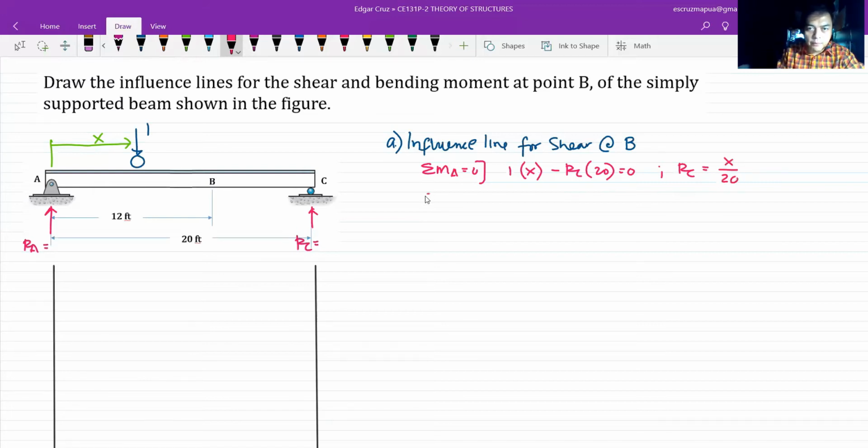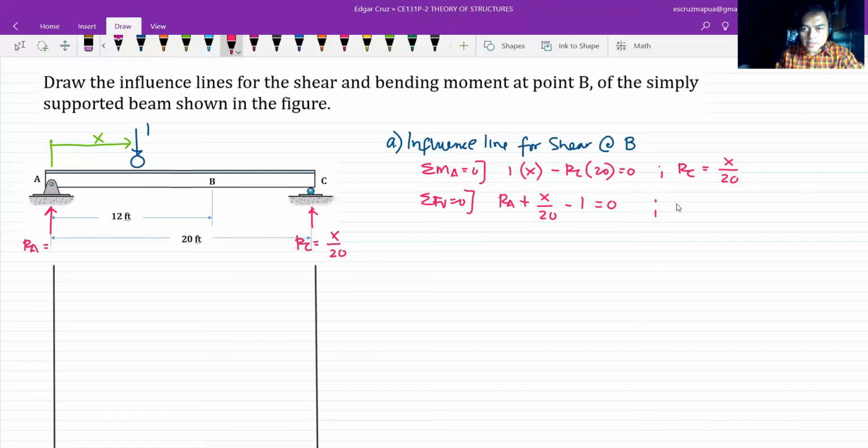Then if we sum up vertical forces equal to 0, I'm just solving for the reactions now, we have RA upward plus RC, which is x over 20, minus 1 equals 0.